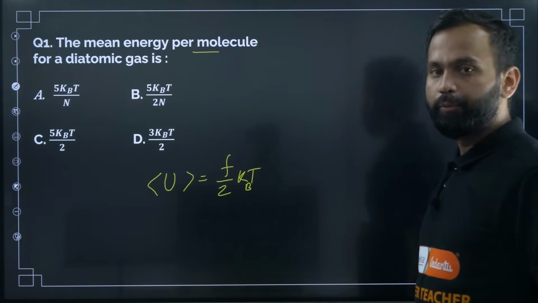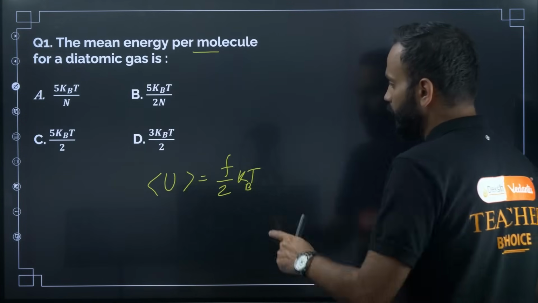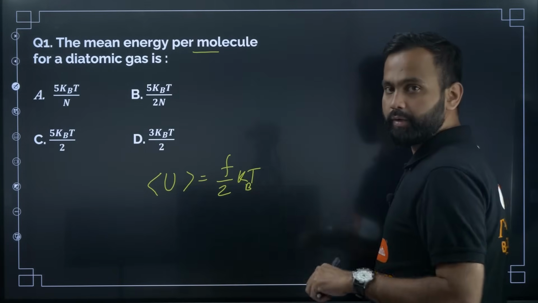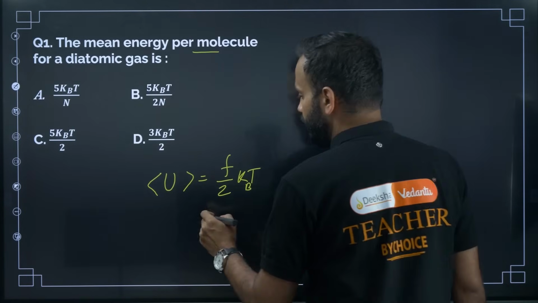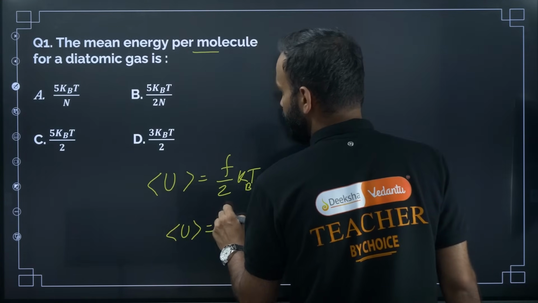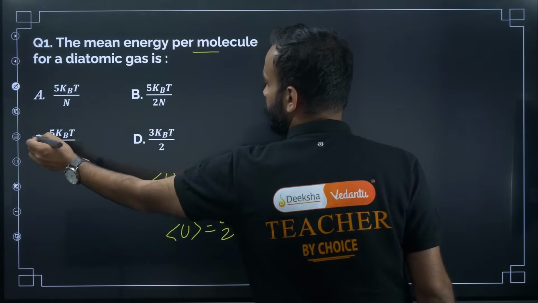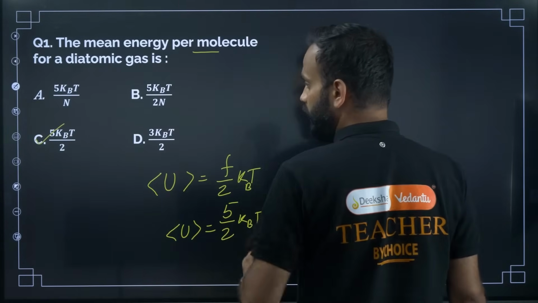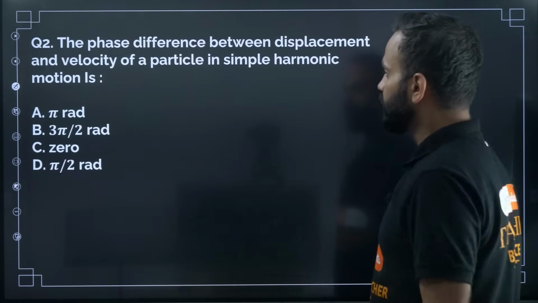What is F? F is the degree of freedom. For a diatomic gas, the degree of freedom is 5, 3 translational, 2 vibrational. So mean energy will be 5 divided by 2 into Kb into T. So the correct option is C.